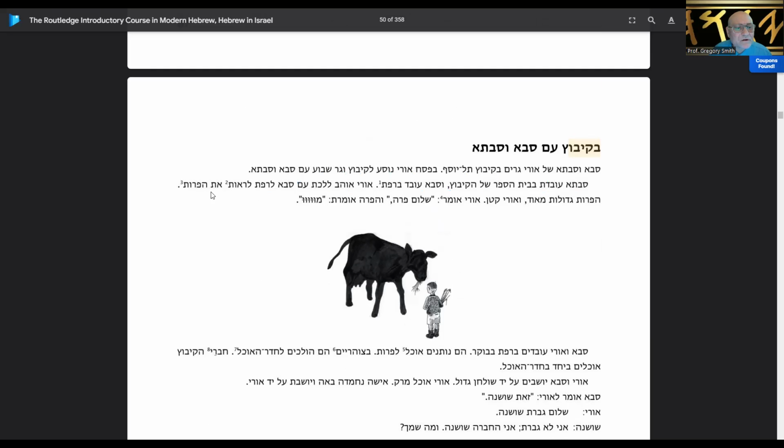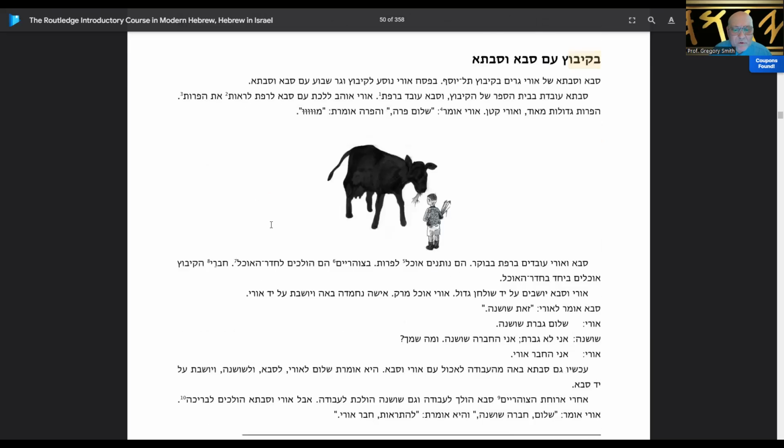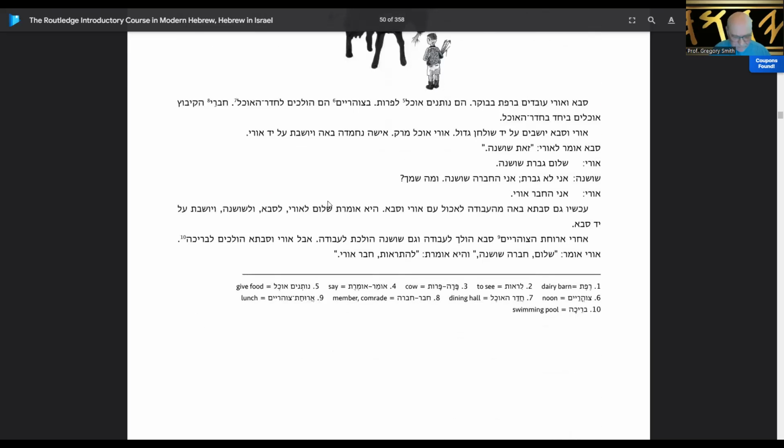Okay, para or parot. See, he wants to look at the cows. Let me double check this here. Hafarot, yeah, hafarot. He wants to look at the cows.